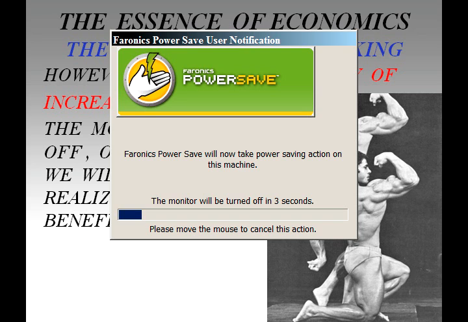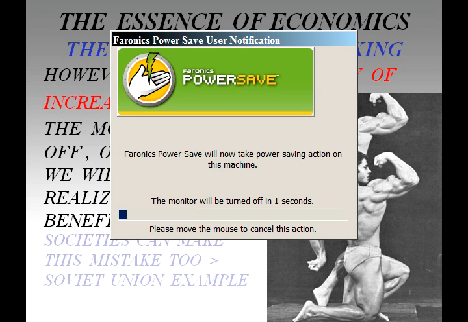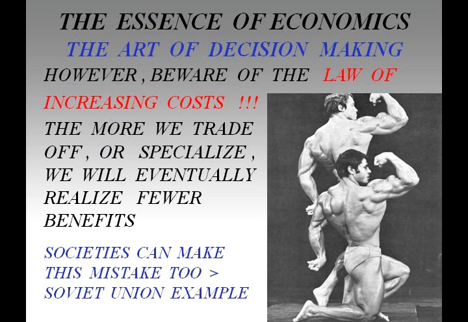Now, businesses need to be aware of this, but societies need to be aware of it too. And if they really don't understand the law of increasing costs, they can make mistakes. We have examples of this occurring throughout history. The latest or more recent one in history was what happened in the Soviet Union.